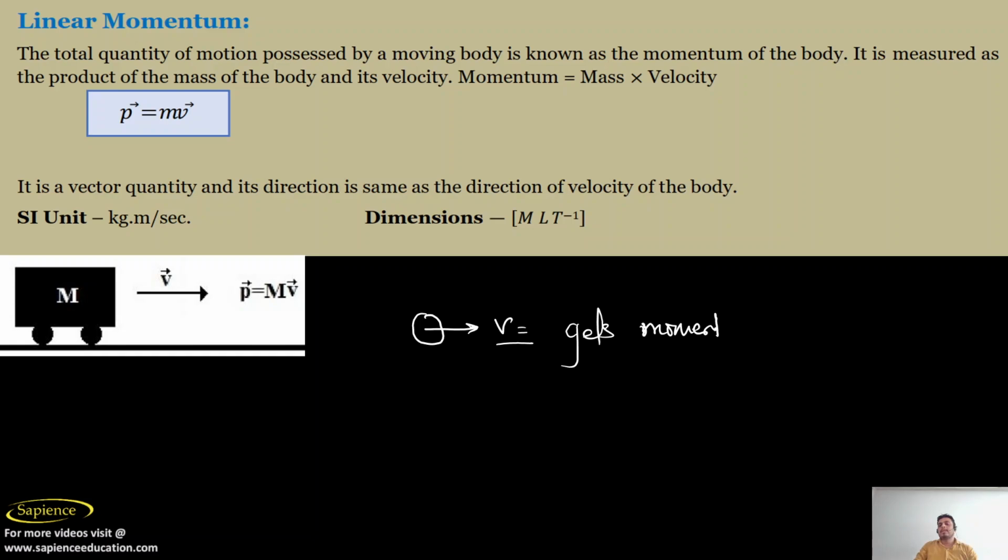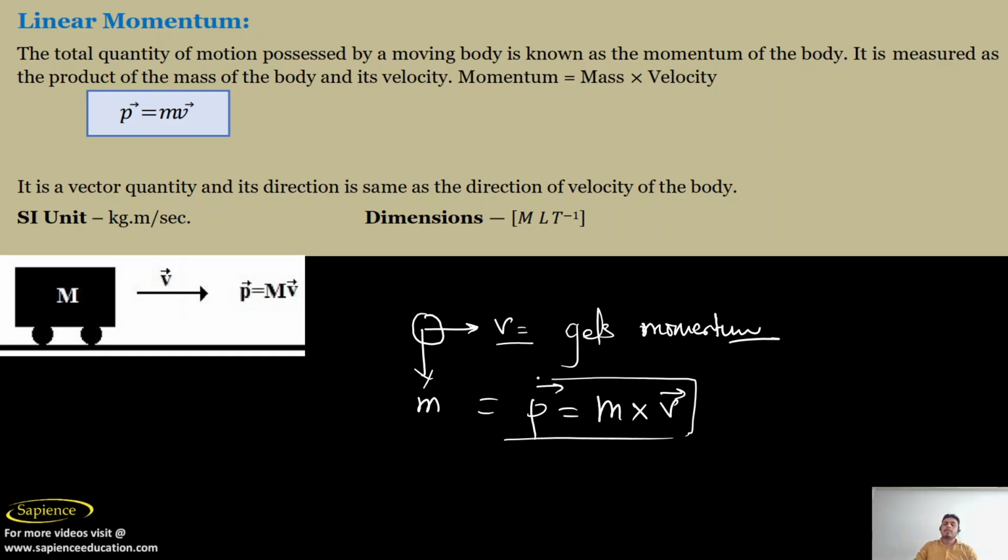A body has momentum when it is in motion, and it is measured by the product of the mass of the body and its velocity. For example, it has mass m, so momentum will be equal to mass into velocity, and since velocity is a vector, momentum is also a vector quantity.